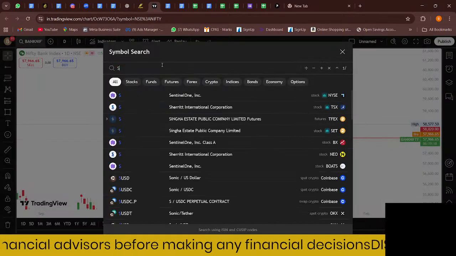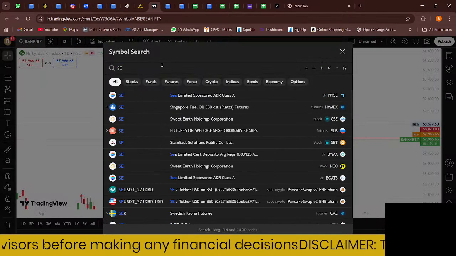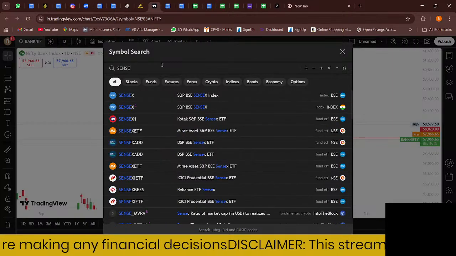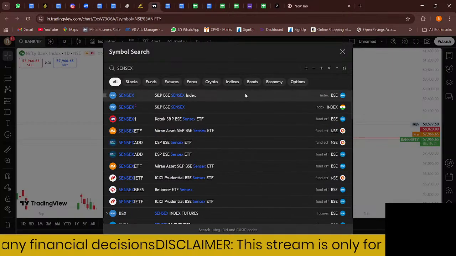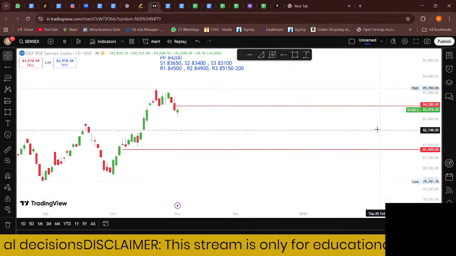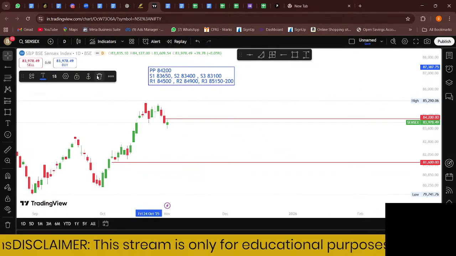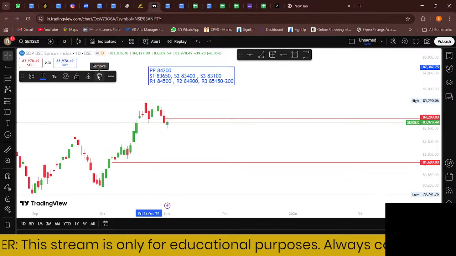So let's move on to Sensex. I couldn't draw all those zones in Bank Nifty. So these were levels for Sensex yesterday.